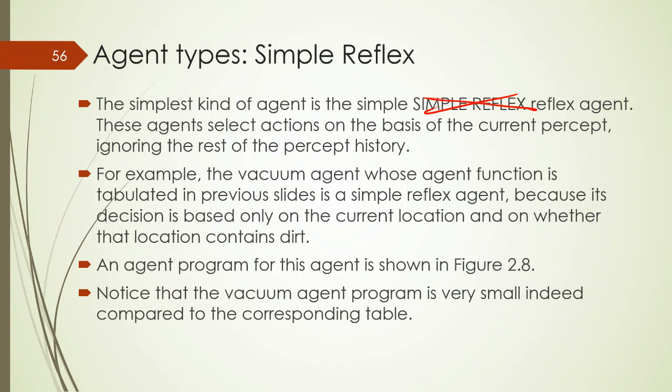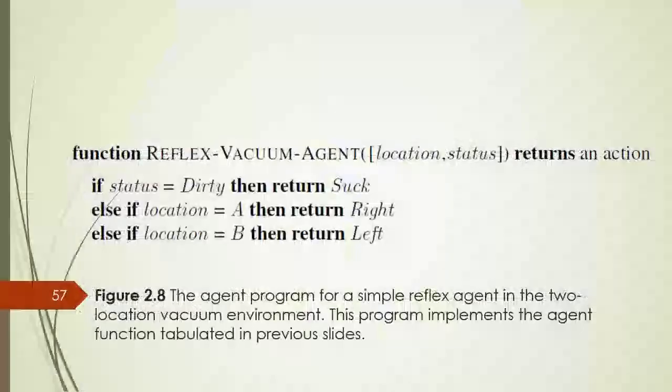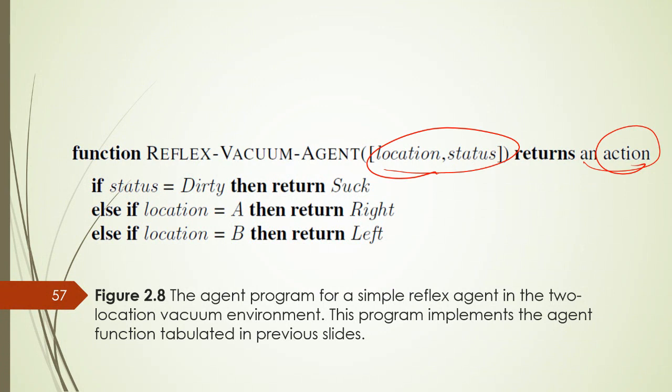An agent program for this agent is shown in figure 2.8. Notice that the vacuum agent program is very small indeed compared with the corresponding table. So the pseudocode for a reflex-based agent would be like this. So what do you have? It just gets the state input and gives the action.